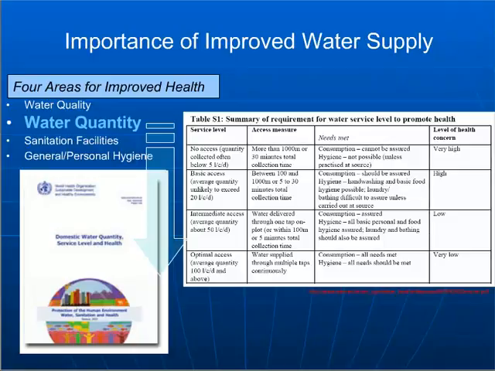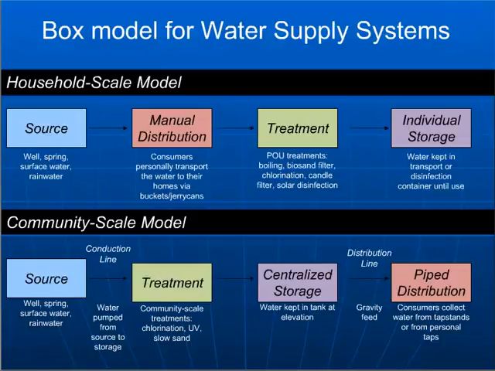But this chart is very useful in recognizing that if you hope to see some type of health gains result from your project, then you're going to have to move from one of these service levels up to a higher level.